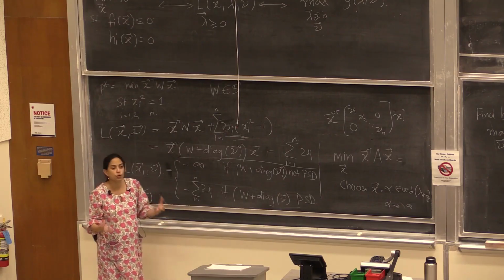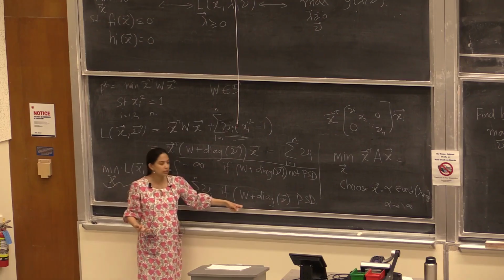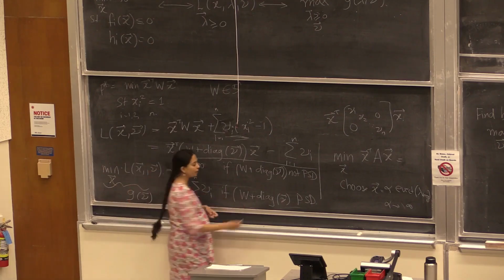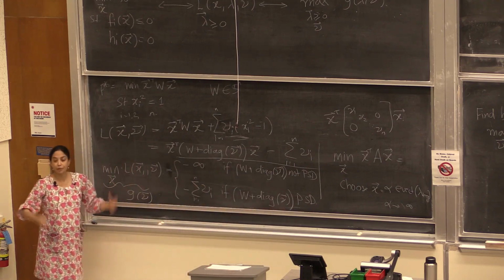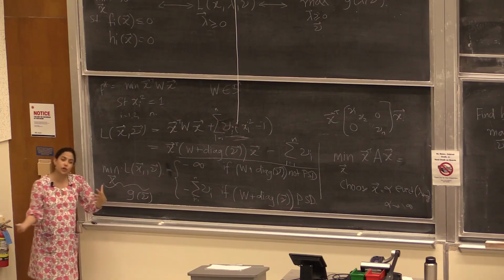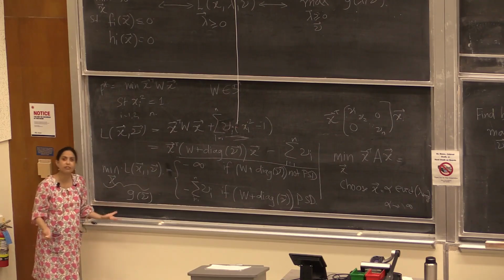Can you choose nu to make sure that this constraint holds? When I'm maximizing g of nu, I'm going to choose nu to make sure that g of nu is never negative infinity.